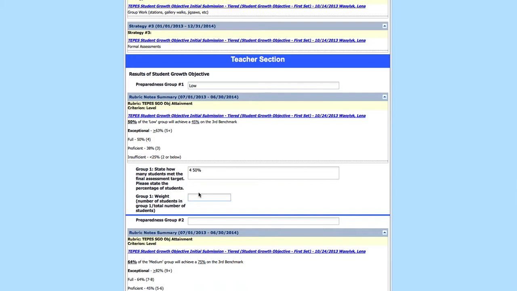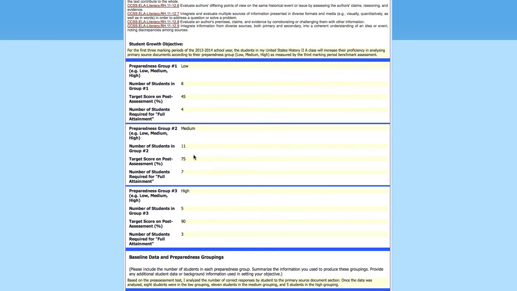So you're going to take the number of students in group 1. We've established that as 8. And you're going to divide that by the total number of students in this class. So I'm going to go over here, and I see in this class 8 students plus 11 students plus 5 students equals 24 total students.